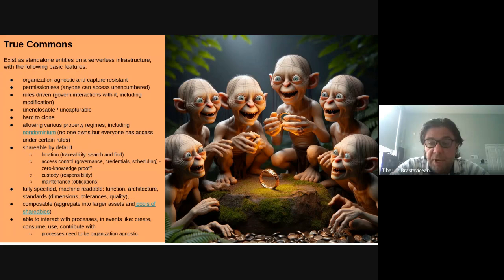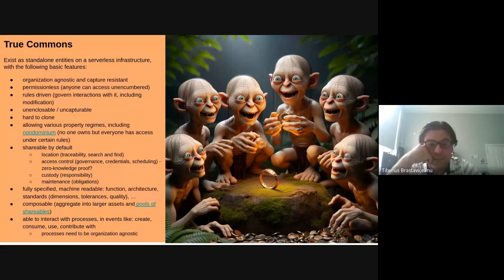Okay, so we understand resources only as associated with an agent, be it an individual or a corporation or the government in the case of public resources. In order to allow peer production to function properly, we need these resources to appear to people as being organization agnostic.